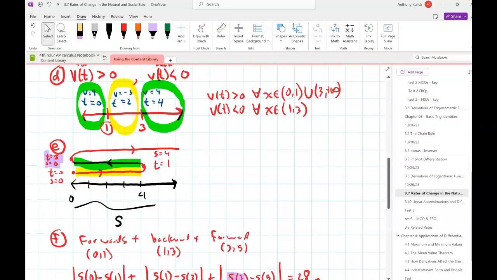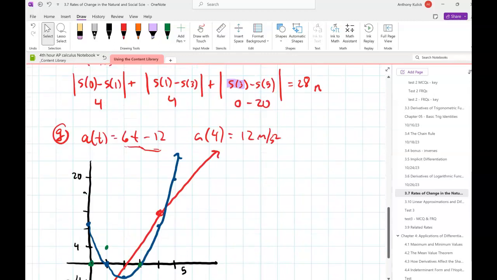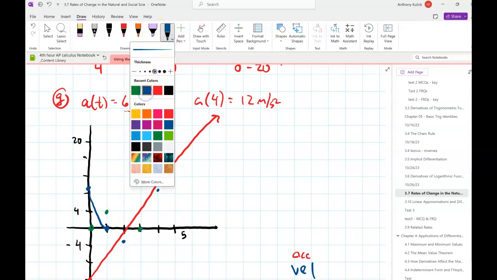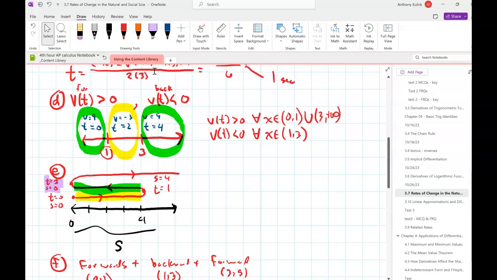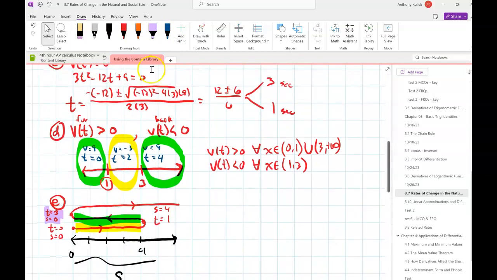And then at 4, the position was 20. Oops, that was in the wrong spot then. What is the velocity at 5? I guess we didn't calculate that anywhere, did we? Guess we just do it real quick.